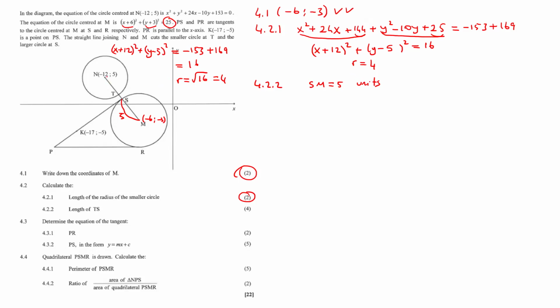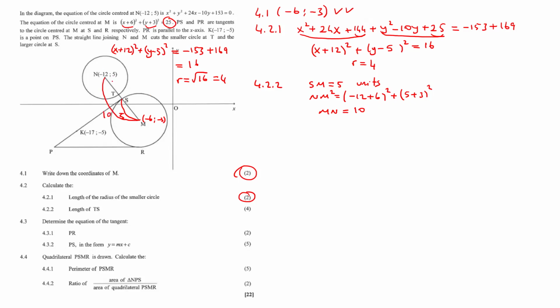And also we can find the distance between N and M. If you apply the distance formula, NM squared will be equal to, we know the coordinates, (-12 plus 6) squared plus (5 plus 3) squared. If you apply the distance formula here, MN will be equal to 6, 8, 10, so it's going to be 10 units.